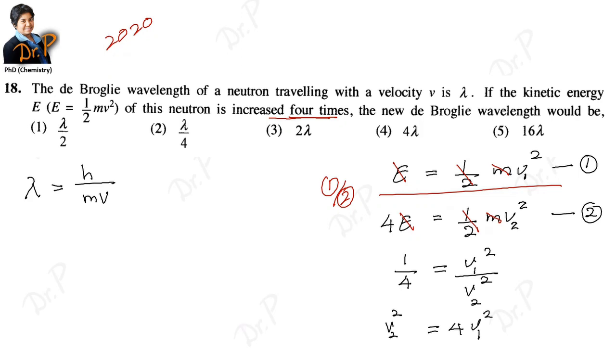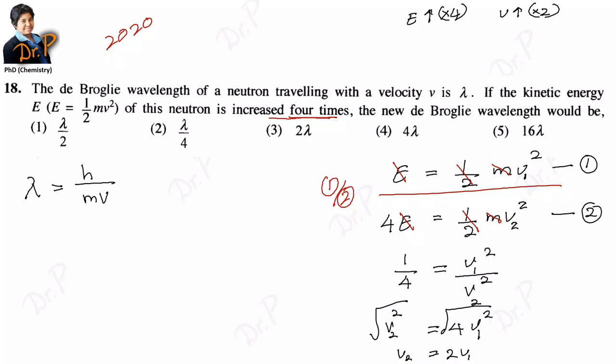Now take the root of everything. So you should end up with v2 equals 2v1.